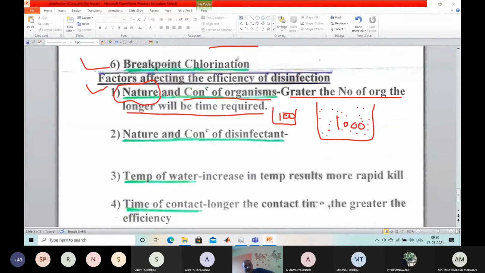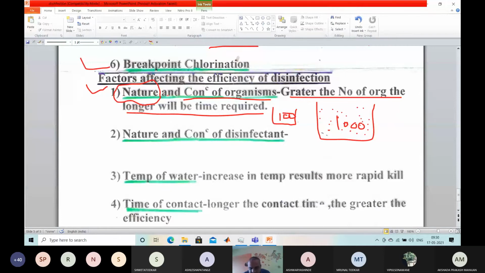Understood? For the same contact time and the same dose, all microorganisms are not going to be killed. It depends upon which type of microorganism is there. That is the nature, that is the type. So the disinfection efficiency is dependent on that also.